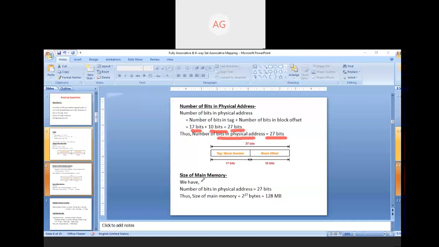Now the size of the main memory. The size of the main memory is 2 to the power 27 bytes. So we need to convert it into a higher unit. We know that 2 to the power 20 is equal to 1 MB.